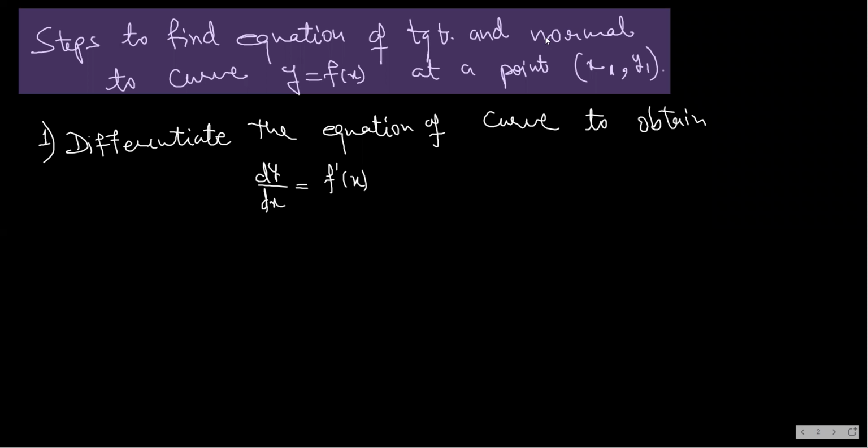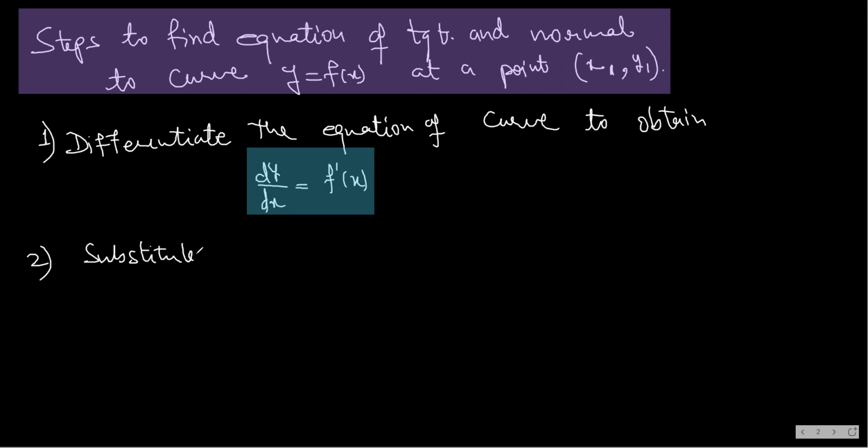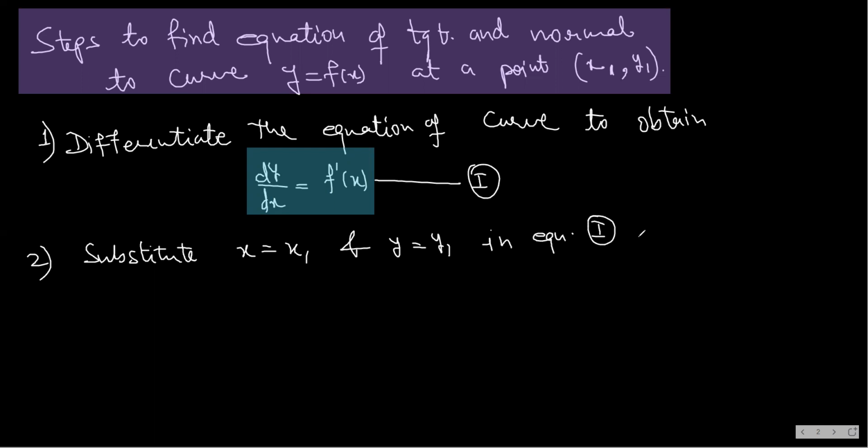Now what is the next thing that we will do? I will write here: substitute x equals x1 and y equals y1 in equation 1 to obtain dy by dx at x1, y1.